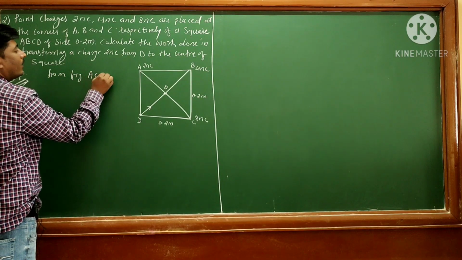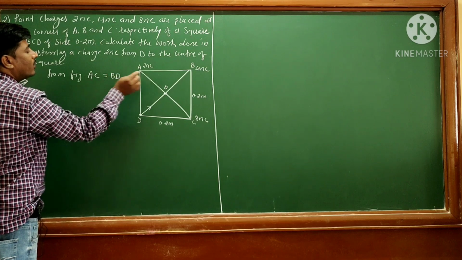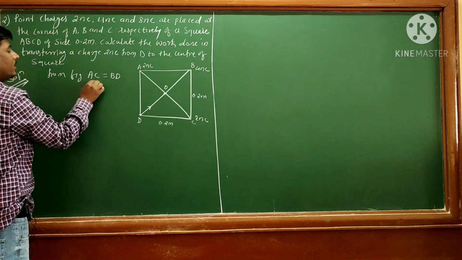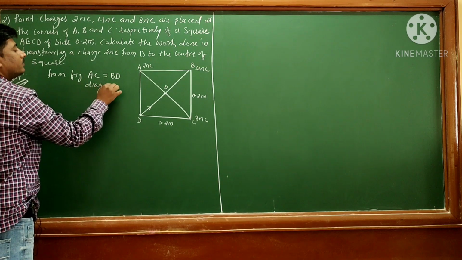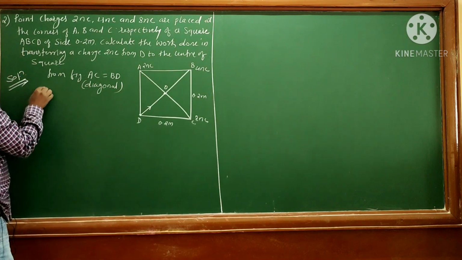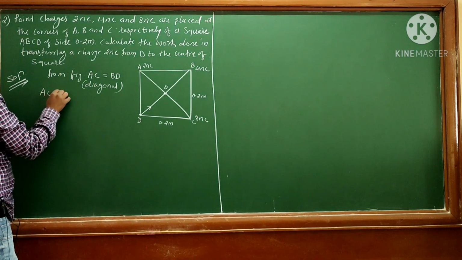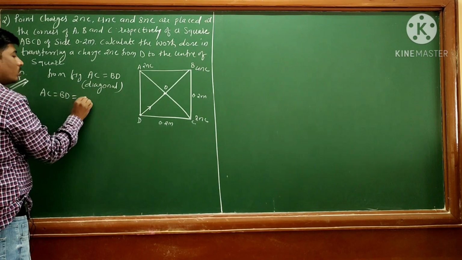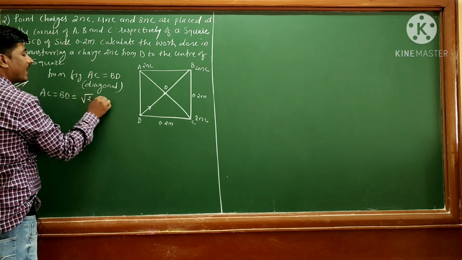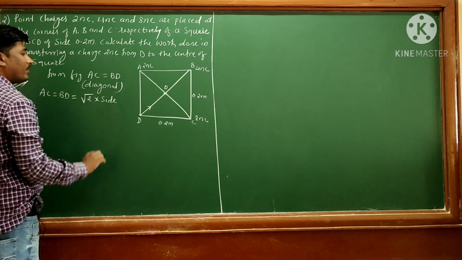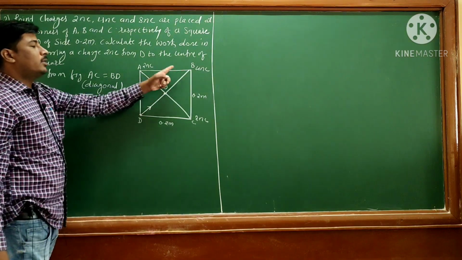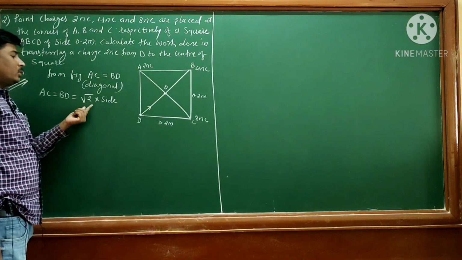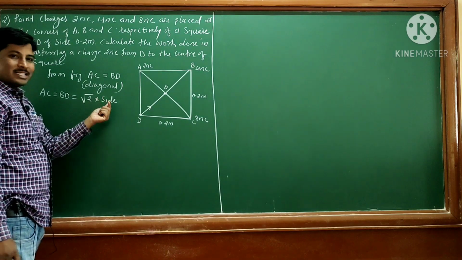So from the figure, AC, which is equal to BD, is called the diagonal. The diagonal AC or BD is always equal to root 2 into side. Please remember, diagonal is always equal to root 2 into side.